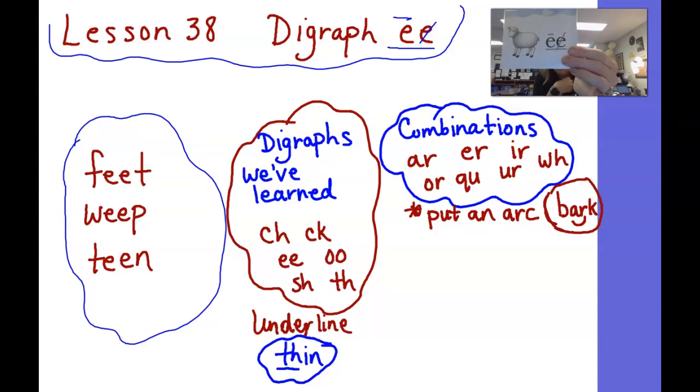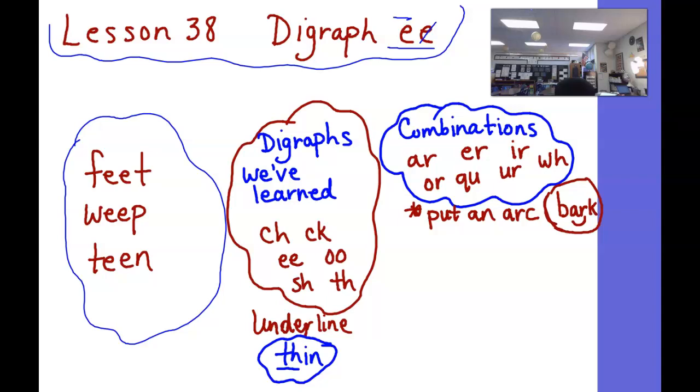All right, so I'm going to walk over to my board and we'll work on these. If you have a piece of paper, you can copy down these words and work on them as I do, that would help. Okay, so here we go. I'm looking at the board and I have feet, weep, and teen.